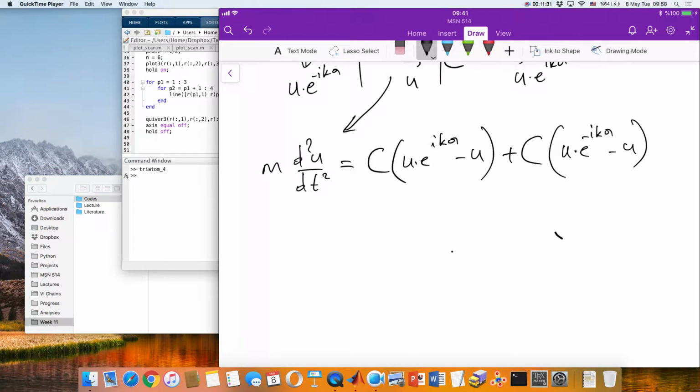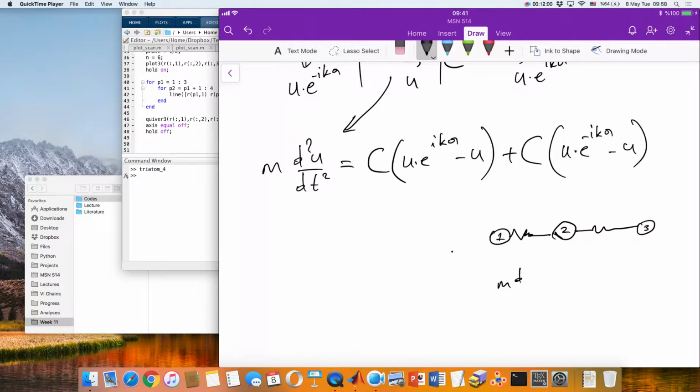So what do you get from here? What? Why are we adding those displacements? Should we subtract them? Just imagine like this is 2, this is 1, this is 3, okay?